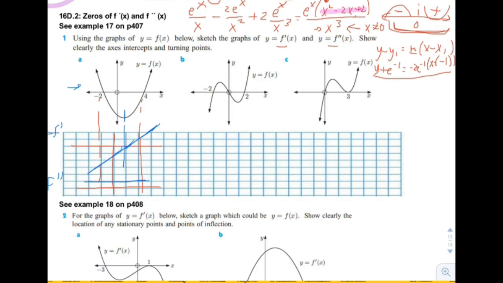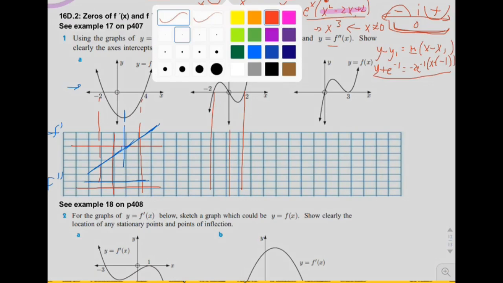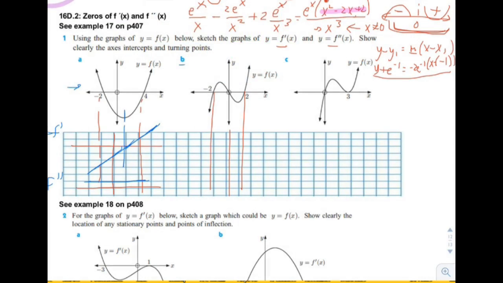Okay. What about b? For b, I'm going to draw my critical points again. You'll be able to see that when you take the derivative of this, you get a rising curve until you get to this point here. Right? And then you get a curve that's going down until you get to here.